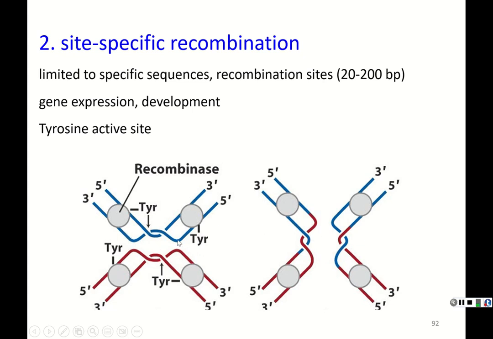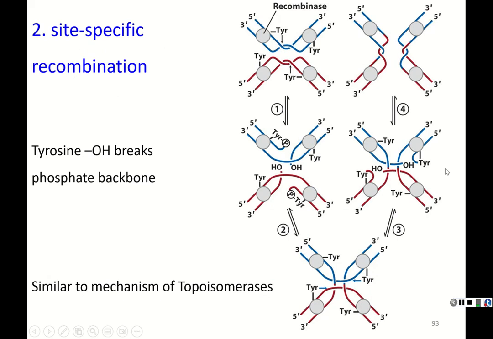So here we have the blue and the red complementary strands together, and these recombinase proteins are coordinating that. When they cut and then bind again, now you have the blue attached to the red. And so some more detail in how this is occurring is shown here. Not going to need to know the exact mechanism for this class, though.